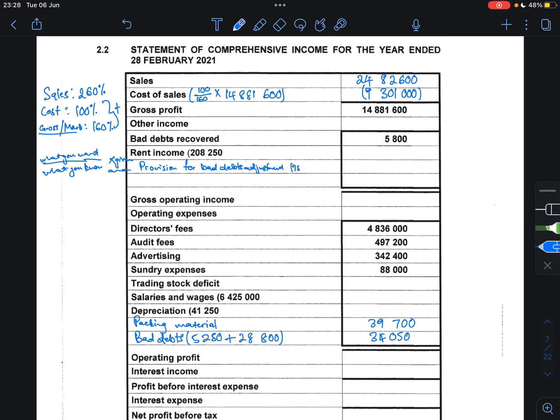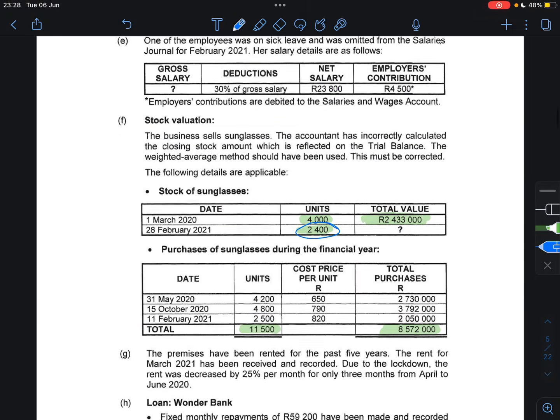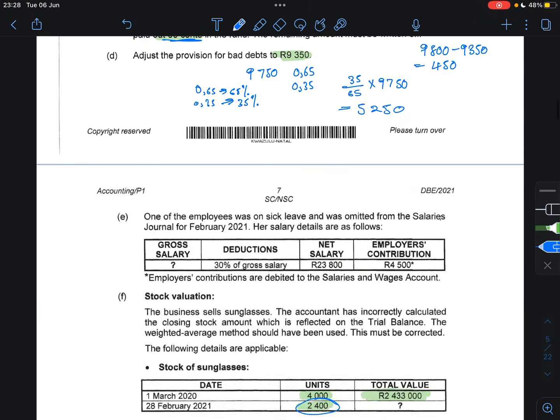No matter how easy your calculation may be, just show it, because you might get the answer incorrect, but say maybe one of your figures there is correct, and then you are able to get a mark. But if your answer is not correct, then you get a 0 if you haven't shown your calculations.